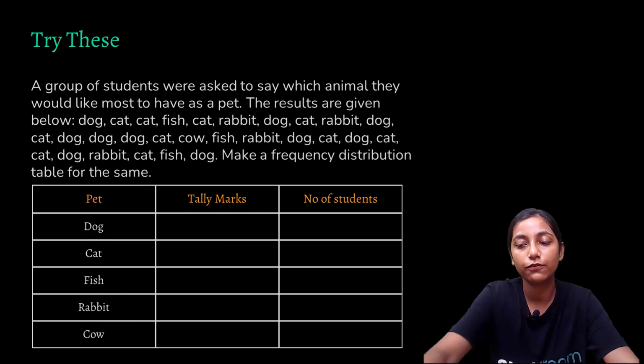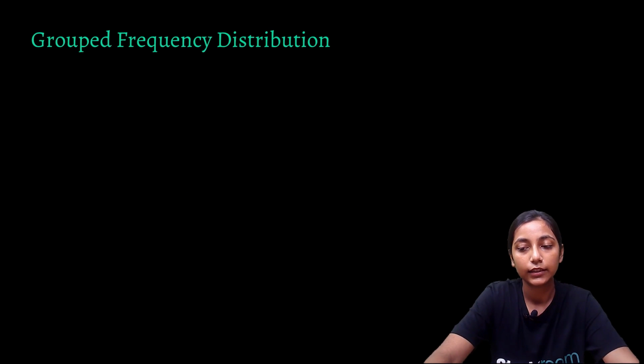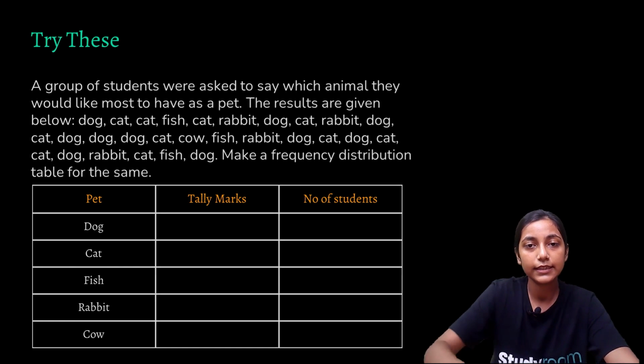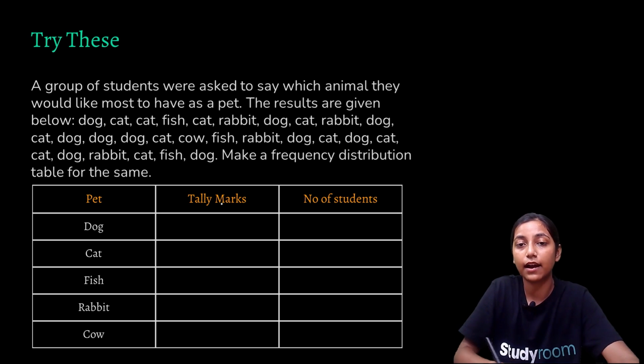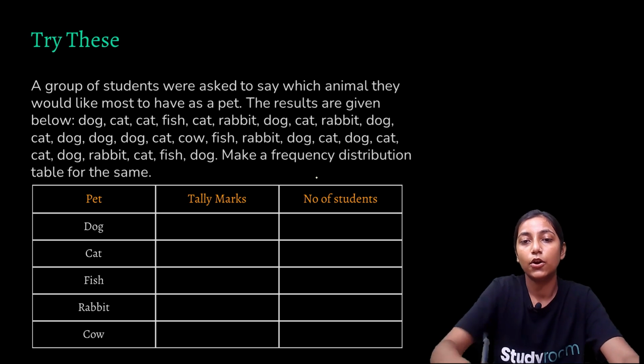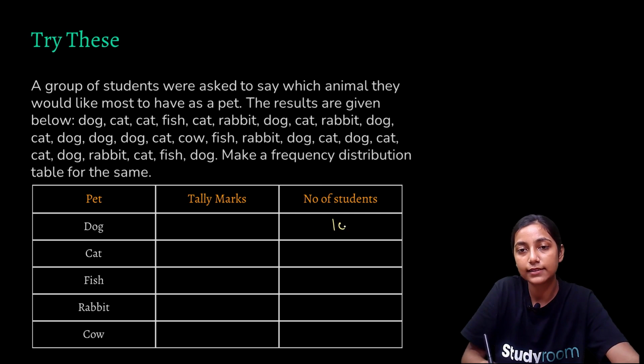So first of all, for dog, just see how many people want dog. 1, 2, 3, 4, 5, 6, 7, 8, 9, 10. There are 10 students who want dog as their pet.